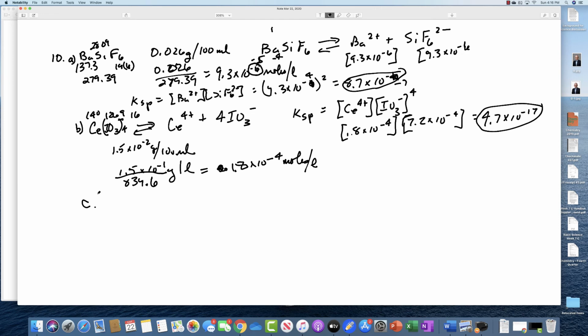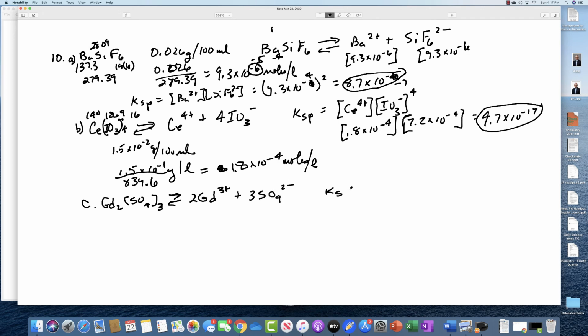C. Gadolinium sulfate. So this is going to break down to 2 gadolinium plus 3 sulfate.